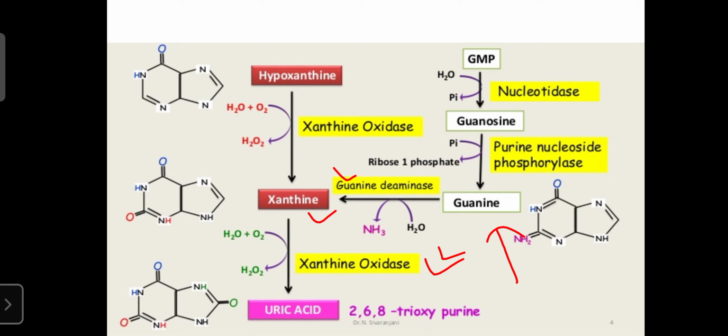Finally, that uric acid is excreted. On the other side, GMP, with the help of three enzymes, nucleotidase, purine nucleoside phosphorylase, and guanine deaminase, is catabolized into uric acid. Finally, the uric acid is excreted in the urine. So uric acid is the end product of purine metabolism.